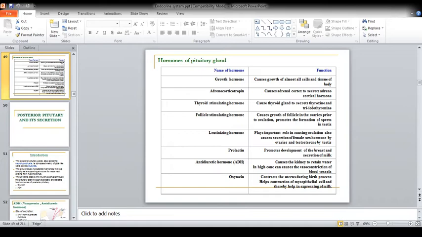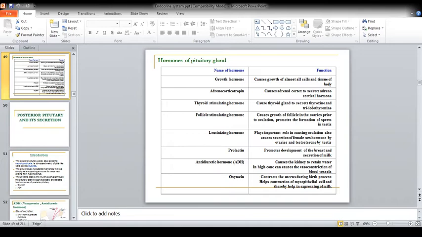The adrenocorticotrophic hormone is released by the action of pro-opiomelanocortin, a hormone which is produced by the hypothalamus, and it acts on the corticotrophs, which release this ACTH, adrenocorticotrophic hormone.